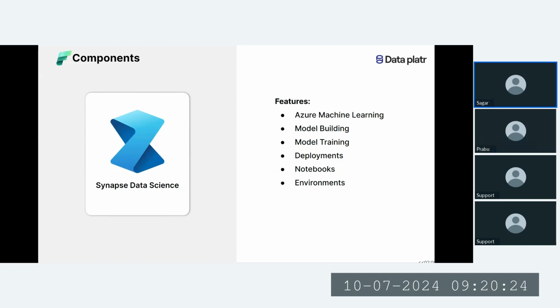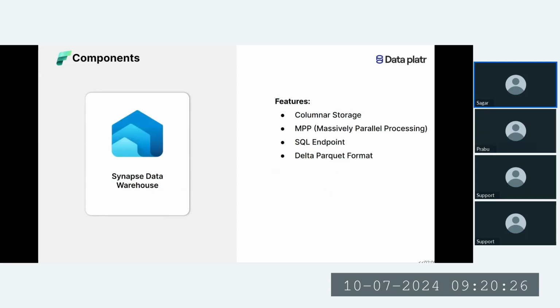Going to the next service, which is the Synapse Data Warehouse. As you are all familiar with data warehouses, this is a scalable, high-performance warehouse used for data storage and processing of large volumes of structured data efficiently. When we say efficiently, we have columnar storage, and it uses a massively parallel processing engine to handle large-scale data workloads.